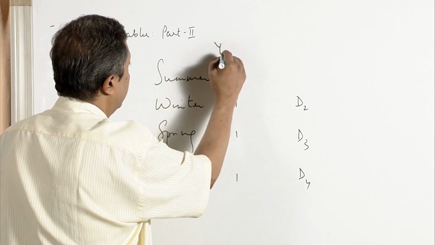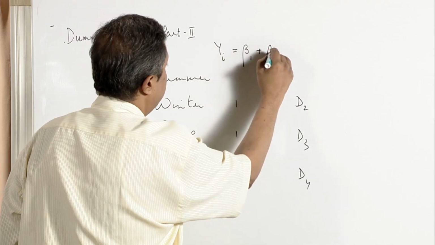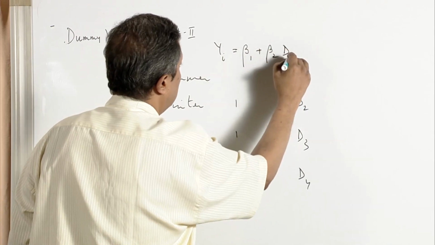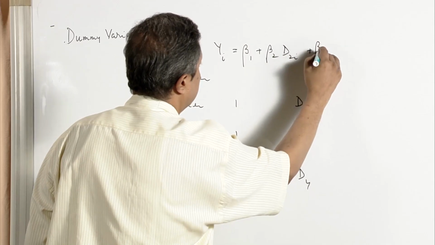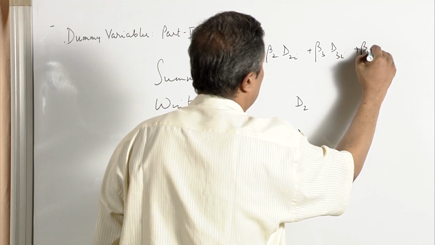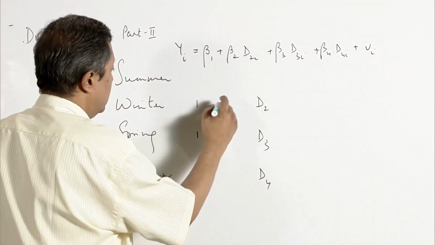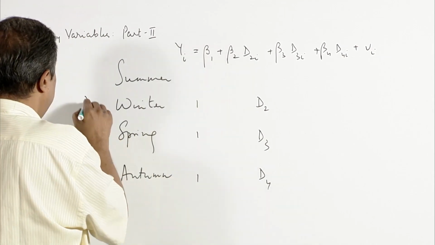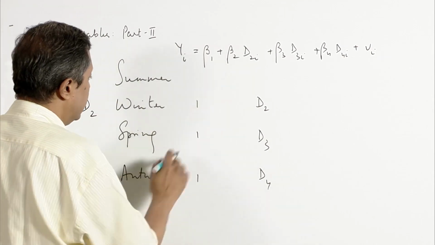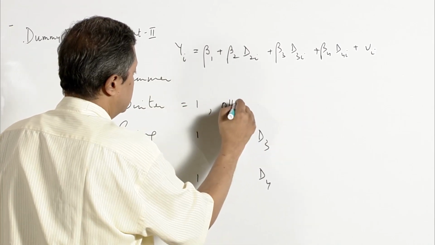We will write y_i is equal to beta 1 plus beta 2 D2i plus beta 3 D3i plus beta 4 D4i plus u_i. So, it is better to write D2 here. D2 is winter, that is equal to 1, otherwise 0.